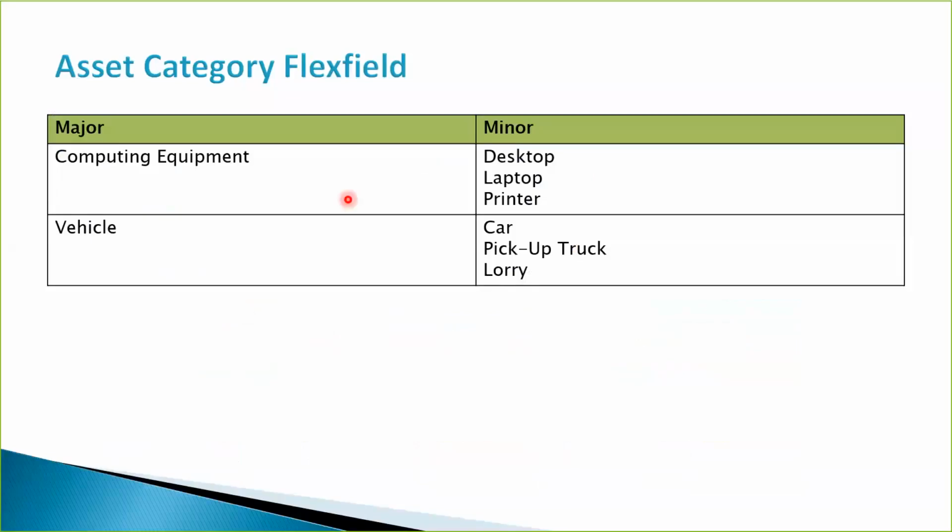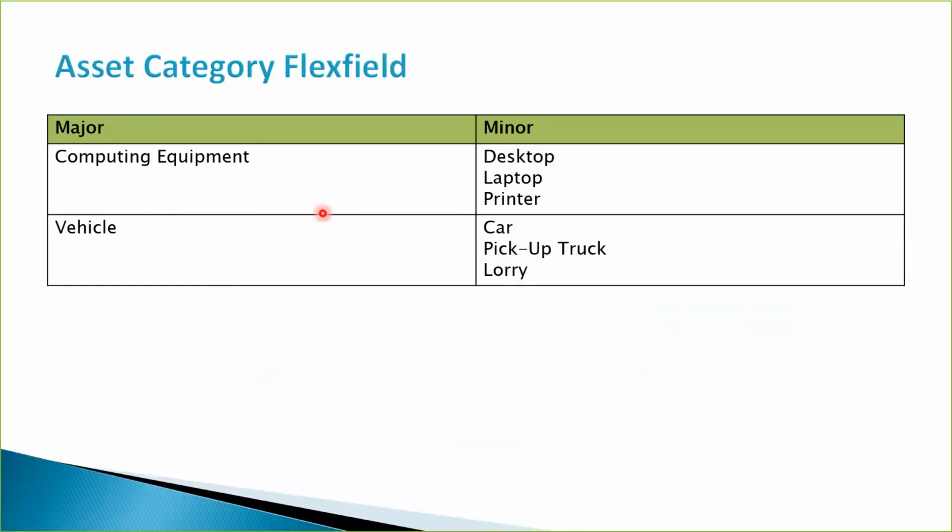So we have created our asset category Flexfield. Any asset we want to enter will have to belong to one of those categories we are going to be able to create with those values that we've entered. Okay.